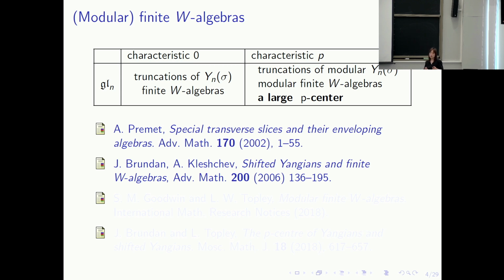In the extreme case, when the nilpotent element is 0, the corresponding finite W algebra is the universal enveloping algebra. In the other extreme, when the nilpotent element is principal, then the related W algebra is isomorphic to the center of the universal enveloping algebra.